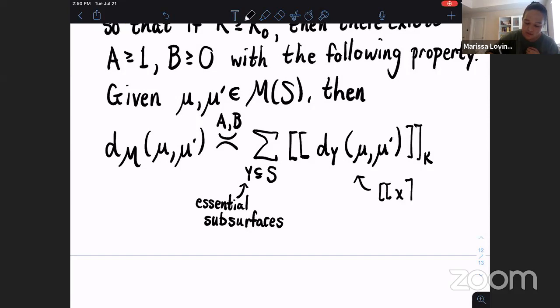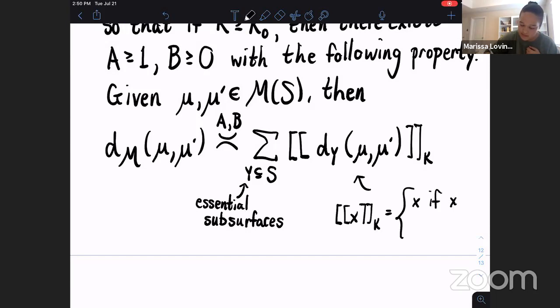If we put some value x and k, then this is going to be equal to x if x is at least k and 0 otherwise. So that this is a finite sum.